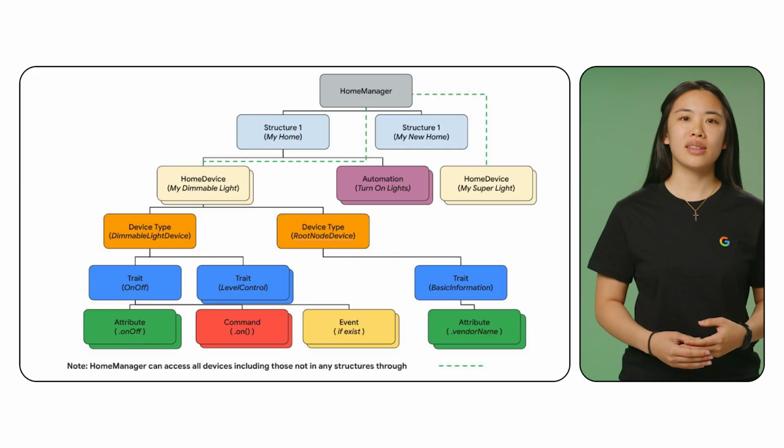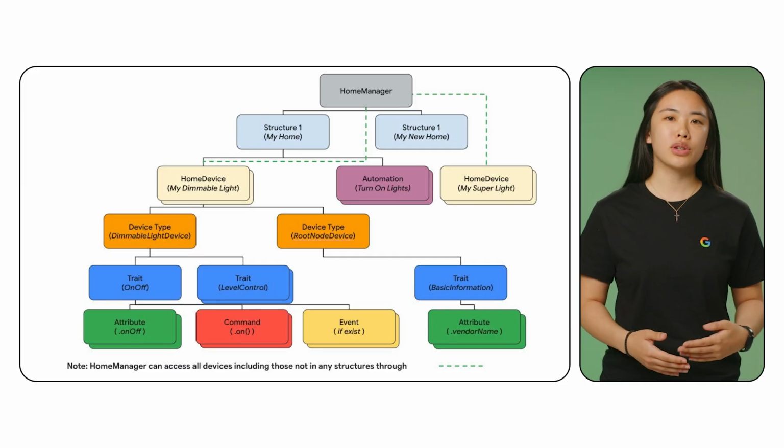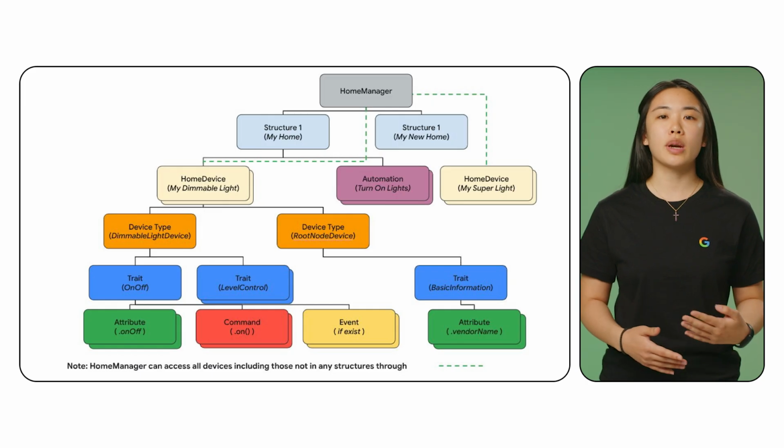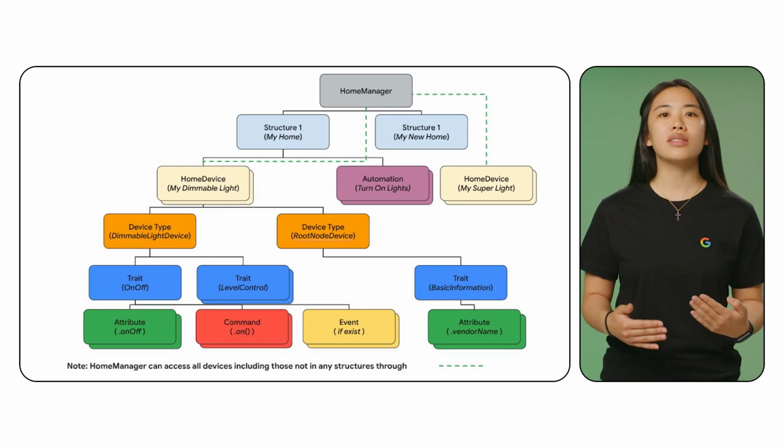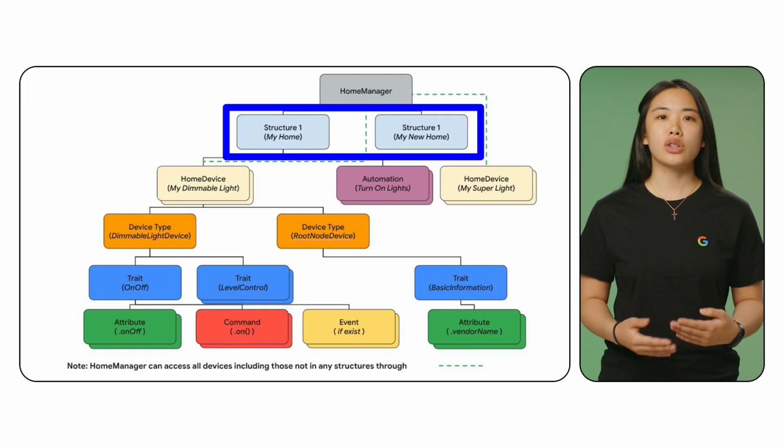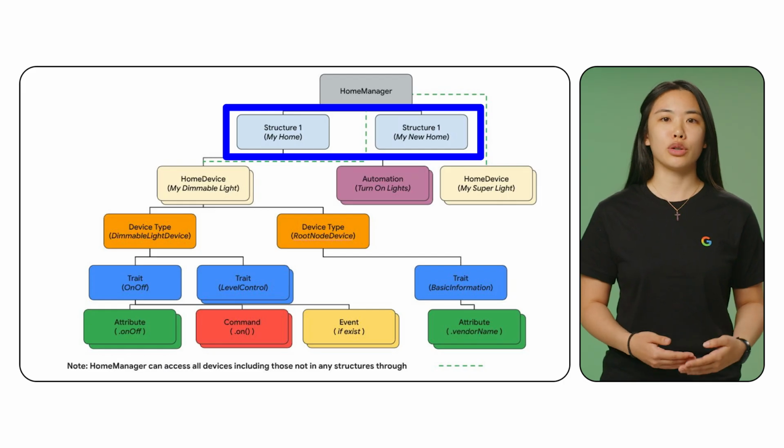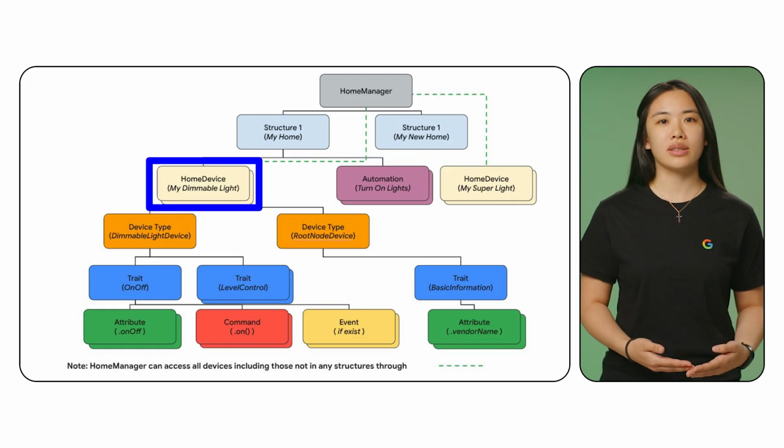With our Permissions API set up, let's explore the device and structure APIs. In the home APIs, the data model is composed of structures, rooms, devices, their respective device types and traits, and automations. Structures represent a home and contain rooms, which then contain devices.